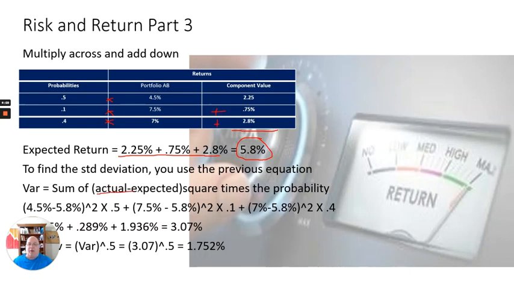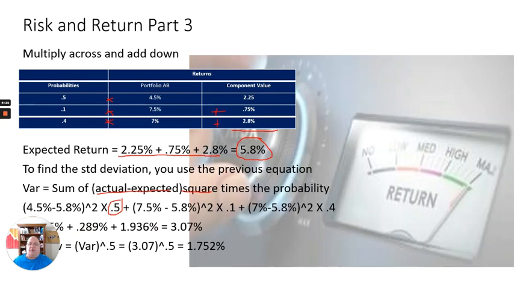To find the standard deviation, use exactly the same equation we were looking at before, which is the sum of the actual minus expected squared times how often it occurs, the probabilities. So in this case, we had 4.5 was the actual, subtracted the expected of 5.8, we squared it, and that occurred 50% of the time. The next one was we had 7.5% minus 5.8 squared times 0.1, 7% minus 5.8 squared times 0.4.